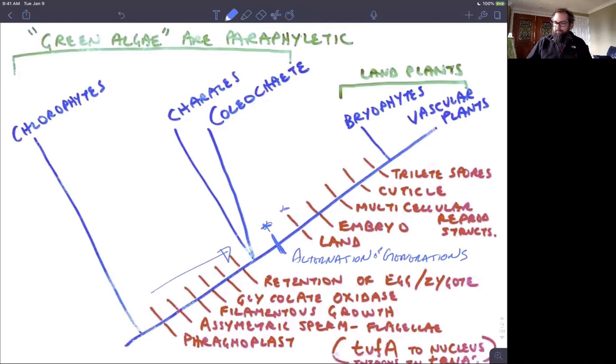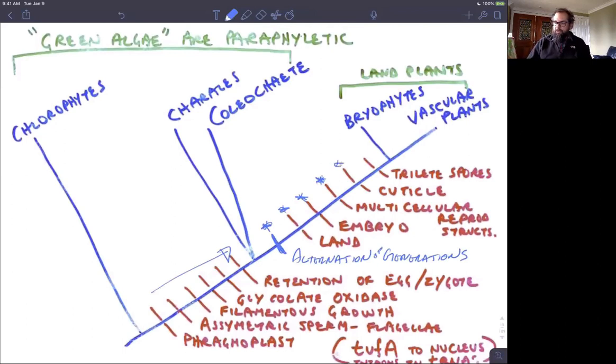The second one, kind of an obvious one, is transition to land. So we have land as part of the alternation of generations. A third is the embryo, and we'll talk about this, having multicellular reproductive structures. This has to do with how those gametes are actually formed in the gametophyte. So the gametophyte has multicellular reproductive structures.